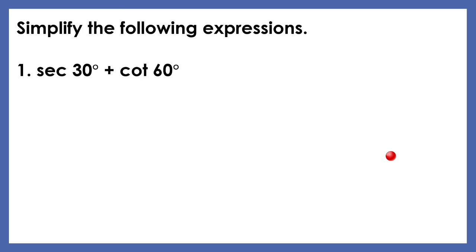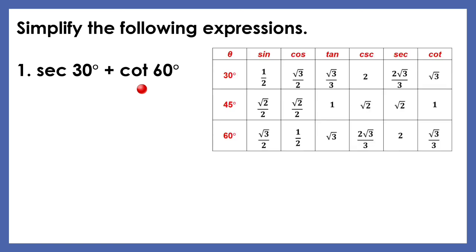For number 1, we have secant 30 degrees plus cotangent 60 degrees. Para makuha natin or masimplify natin ang expression na to, babalikan natin yung ating table. So, ang given is secant 30 degrees. So, hahanapin natin dito sa ating table. Secant 30 degrees is 2 square root of 3 over 3.